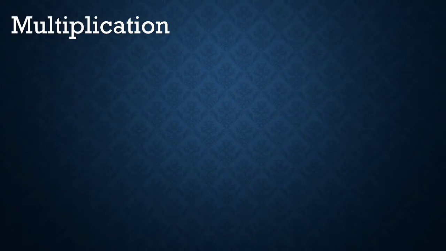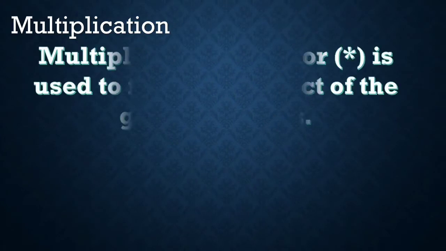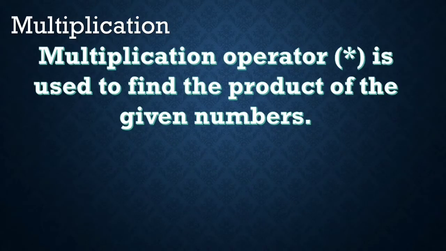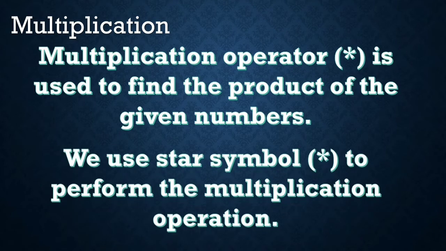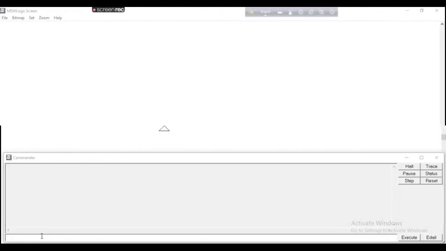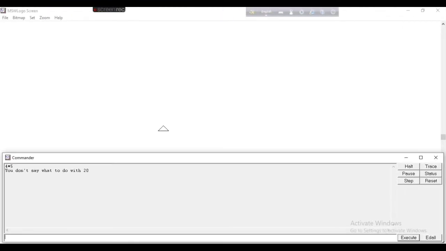Now this is multiplication. The multiplication operator is used to find the product of the given numbers or operands, and we use the star symbol to perform the multiplication operation. Here are the steps. You can put the numbers with the star symbol, but you get an error message like the others.